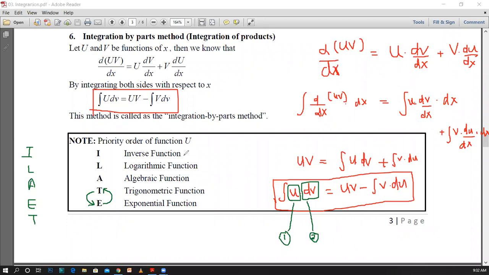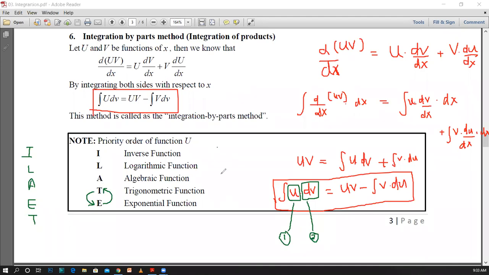If you have an inverse function in your calculation, priority should be given to it, and you take the inverse function as u. The next priority goes to the logarithmic function, denoted by L. The next priority is for the algebraic function, denoted by A, and the next for the exponential function, denoted by E. The least priority is for the trigonometric function, denoted by T.